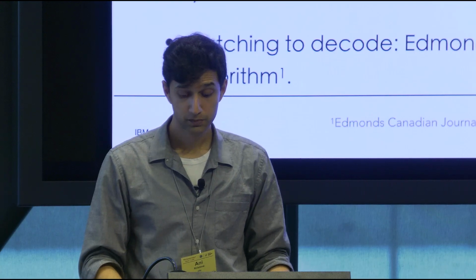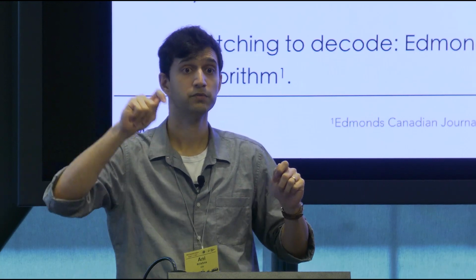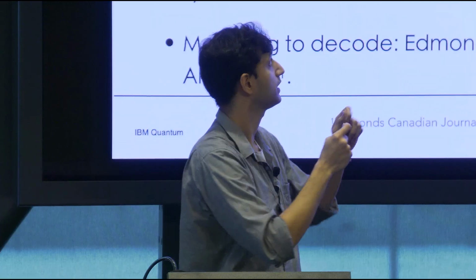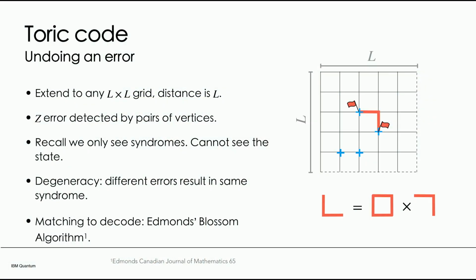And what if you had multiple pairs? Then you would have to do multiple matchings, right? So if you see this pair, would you think of the string that connects these two pluses, those two pluses, those two? You can do any which way. And the way that you might typically do this is by saying the probability of any one edge to be affected is p. So the longer the string, the less likely it is. So I'm going to consider the combination of strings that in total has the least probability of occurring.